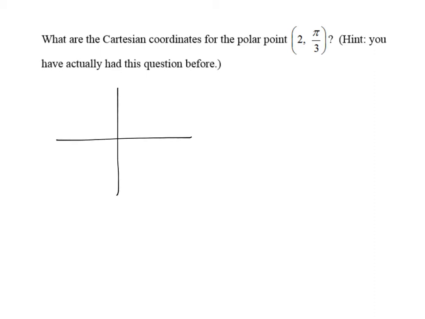If we see where this point 2 pi over 3 is, you could use your polar graph paper if you like, but I'm just going to sketch it out here. When I draw it like this, hopefully you recognize this problem. We've seen problems in our book like this, where you had to figure out what the x and y coordinates of this point are. That's all we're doing here. So give that a shot and see if you get what I get. You should be able to do this without a calculator.